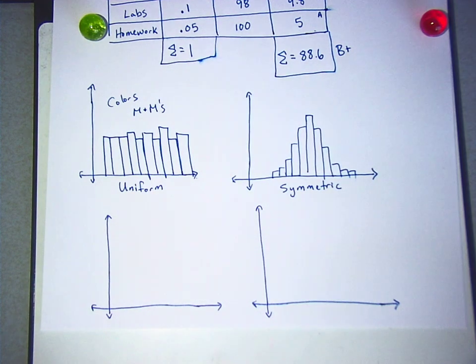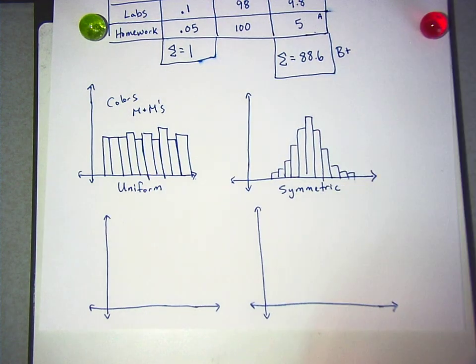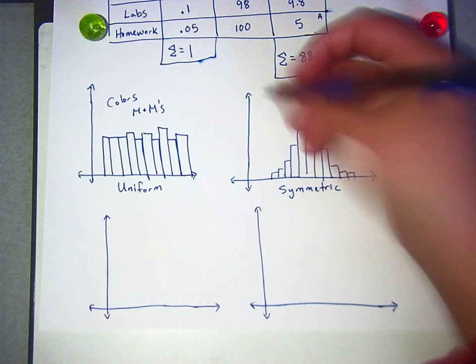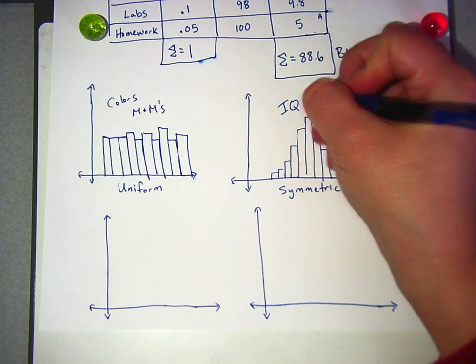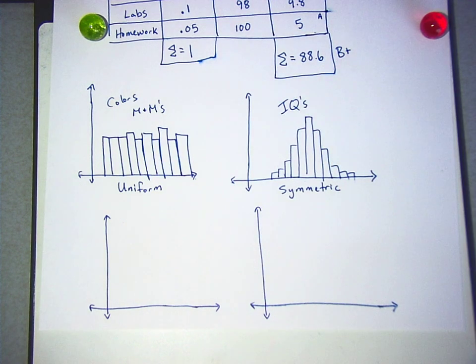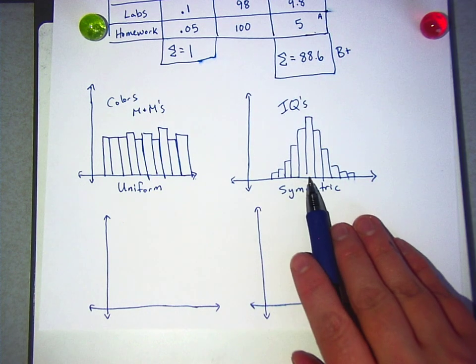But when Noah says it looks like a mirror down the middle, he's exactly right. It just looks kind of like a hill. Anybody think of a good example of something that could be symmetric? Maybe like IQs. We got most of the people sitting here in the middle. Test scores. Test scores, sure.